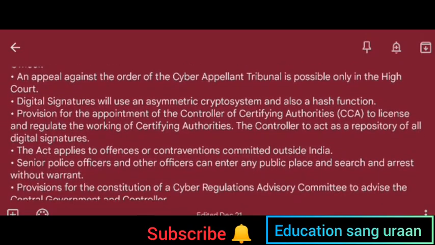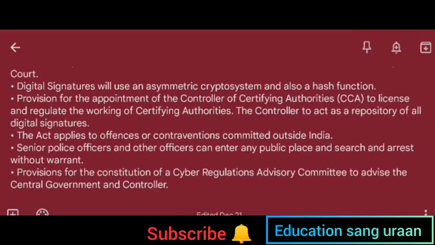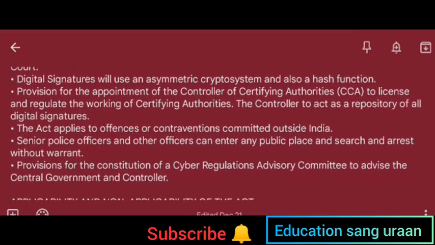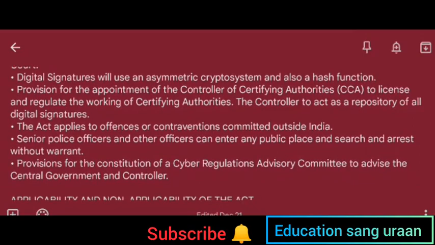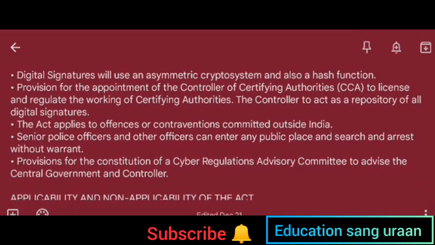Digital signatures will use an asymmetric cryptosystem and also a hash function. Provision for the appointment of the Controller of Certifying Authorities (CCA) to license and regulate the working of certifying authorities. The Controller acts as a repository of all digital signatures.